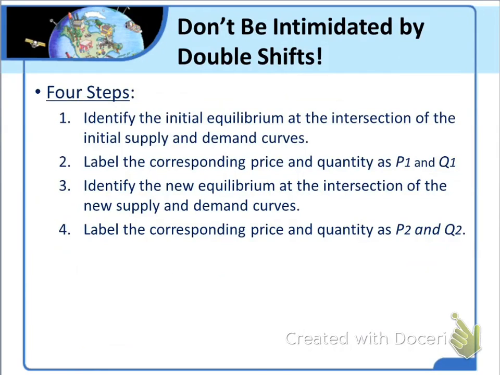Then label the corresponding price and quantity as P1 and Q1. Then identify the new equilibrium at the intersection of the new supply and the new demand curves. Then fourth, label the corresponding price and quantity as P2 and Q2. It will then be easy to compare the new and old price and the new and old quantity, despite a graph that resembles a plate of spaghetti.